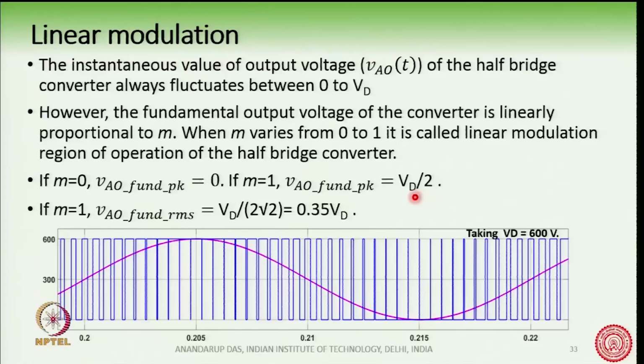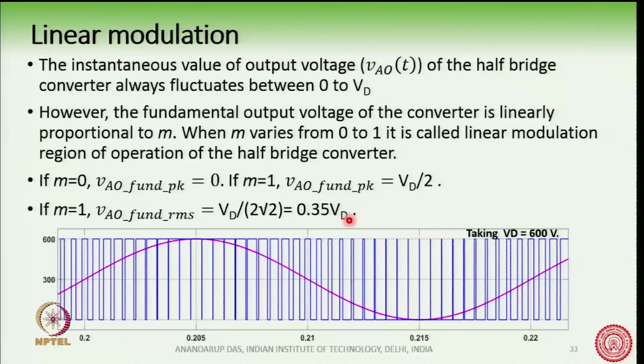So, if m is equal to 1, the fundamental RMS voltage in VAO is Vd by 2 root 2, which is 1 by root 2 of the previous value, and that is almost 0.35 Vd.